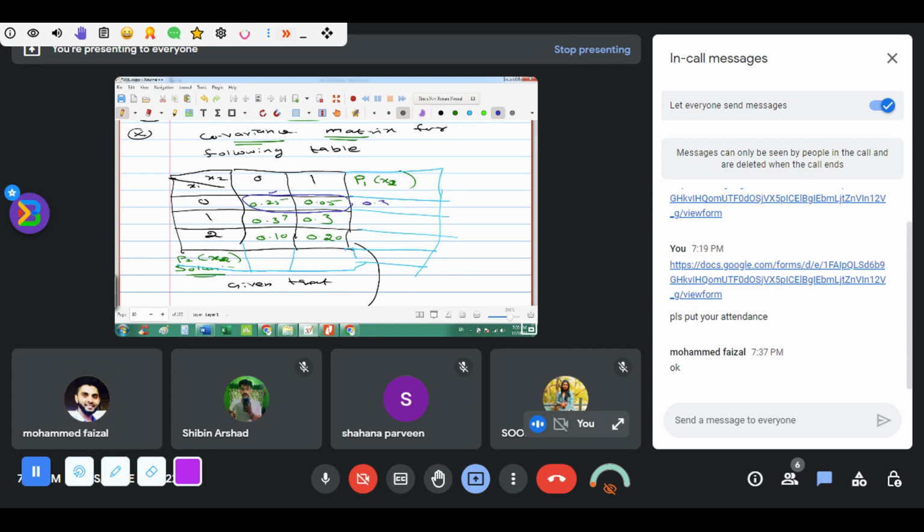Next, 0.37 plus 0.3 is 0.67. Small correction: here it is 0.03. Next is 0.1 plus 0.2, which is 0.3.